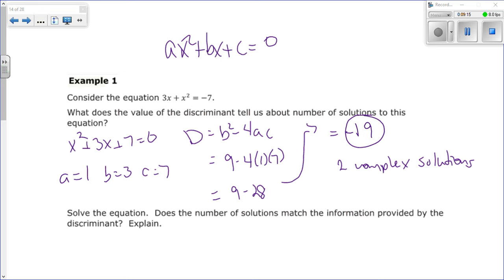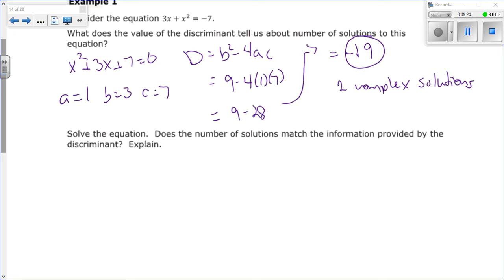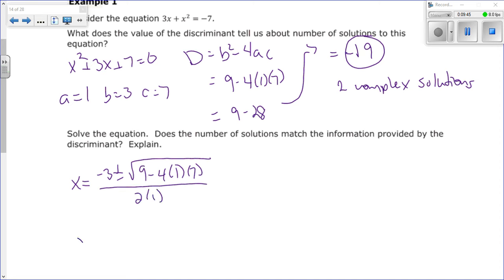And I'll show you what that means when we actually solve it in the next step here. So solve the equation. Does the number of solutions match the information provided by the discriminant? Explain. All right, so we have x equals negative b, so negative 3 plus or minus the square root of b squared, which is 9, minus 4 times 1 times 7, all over 2 times 1.